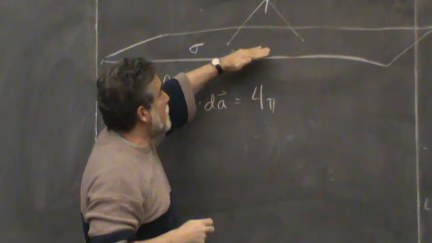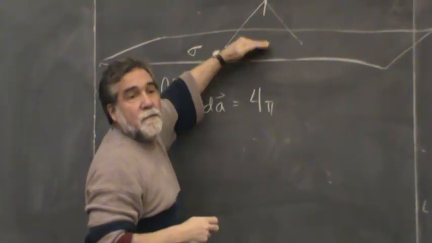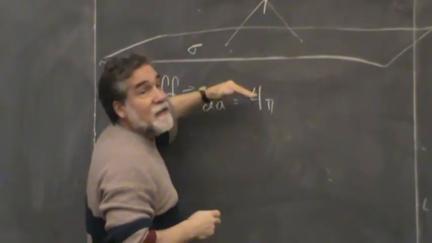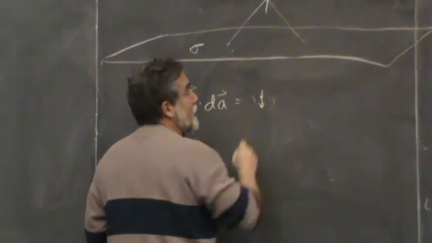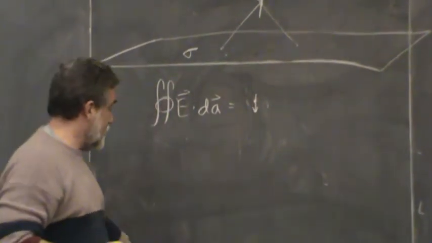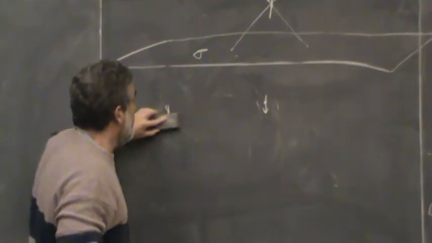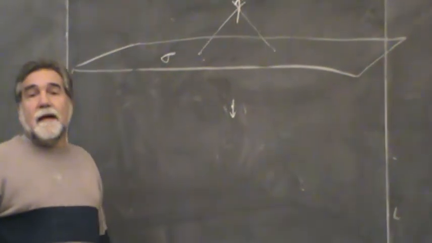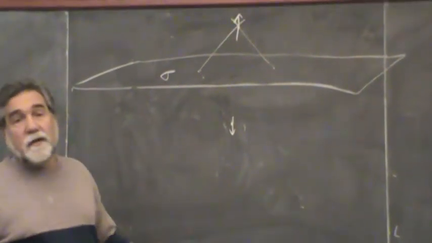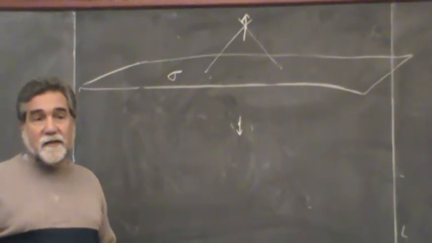And then by symmetry, I can say that the electric field above the surface must, at a given distance, be equal to the electric field below the surface at a given distance, right? So I've got symmetry in the problem as well. And then that means that I want to choose some Gaussian surface that's going to take advantage of the symmetry.